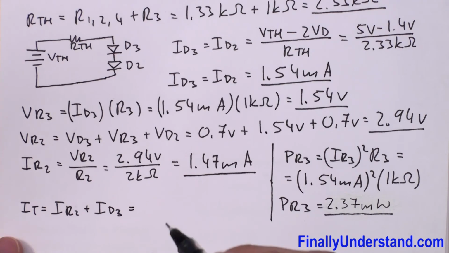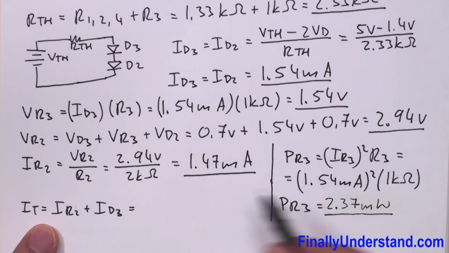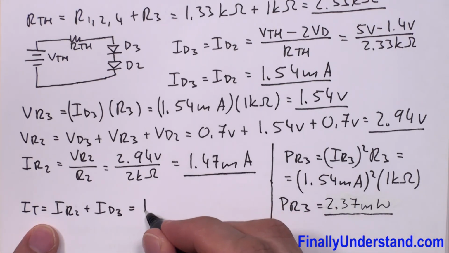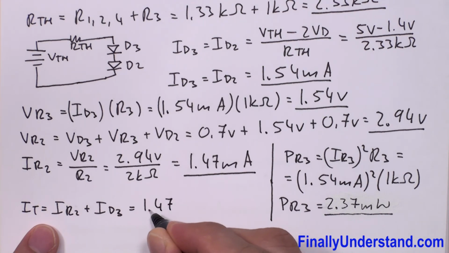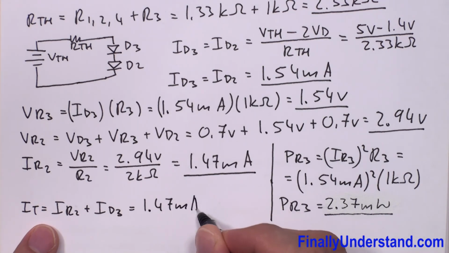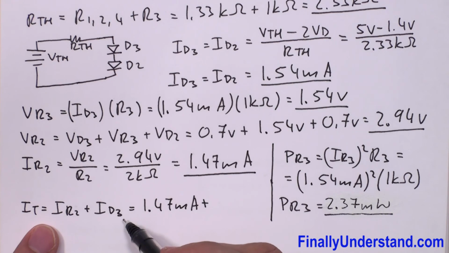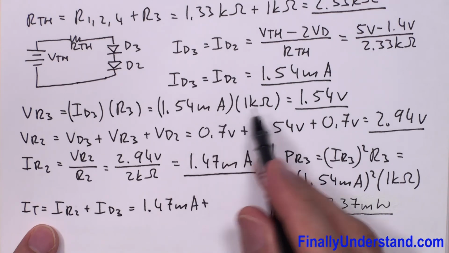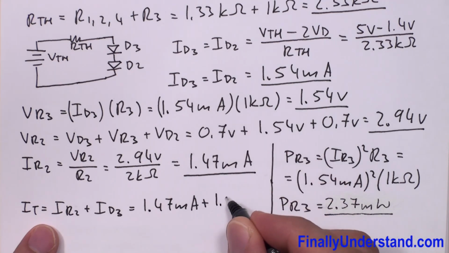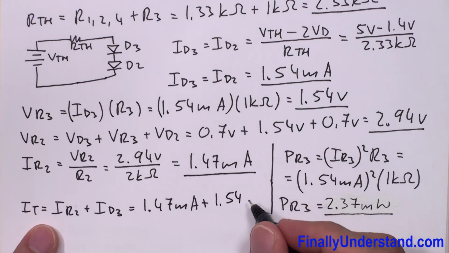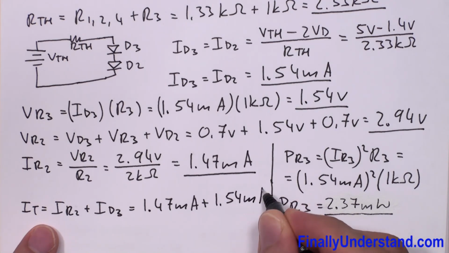IR2 we found is equal 1.47 milliamps plus ID3 we found is equal 1.54 milliamps.